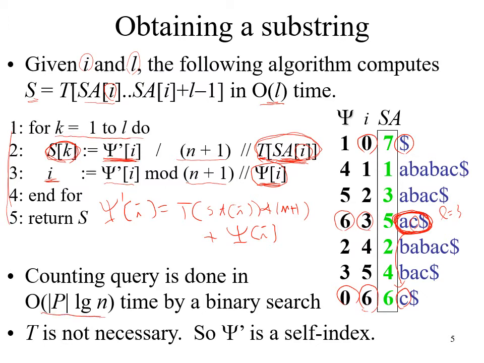This is the same as using the original suffix array and the string T. But we don't need to use T, and also we don't need to compute SAI, which takes order H time. So T is not necessary. This psi prime is a self-index because it does not require T to support a query.